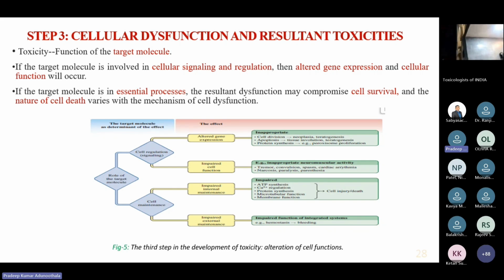All these impaired functions lead to cell injury or death. Next, impaired external maintenance. The above which we discussed is completely the internal part of the cell. Now if the impairment is on the external part of the cell, that leads to impaired hemostasis and leads to bleeding.